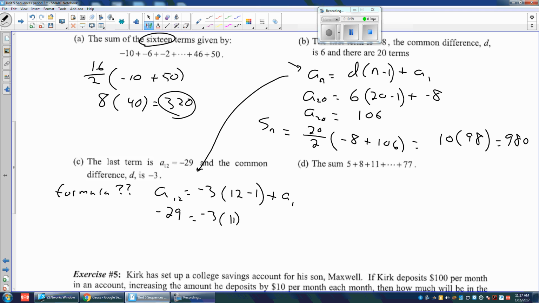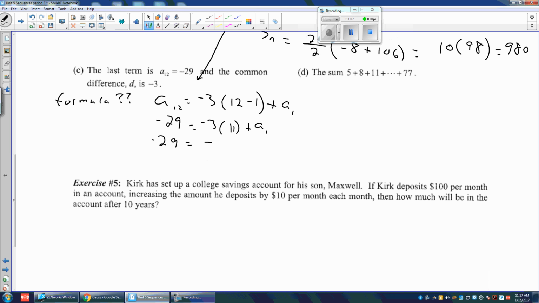Negative 3 times 11 plus the first term. And then when we add 33 to both sides, we get the first term is 4.